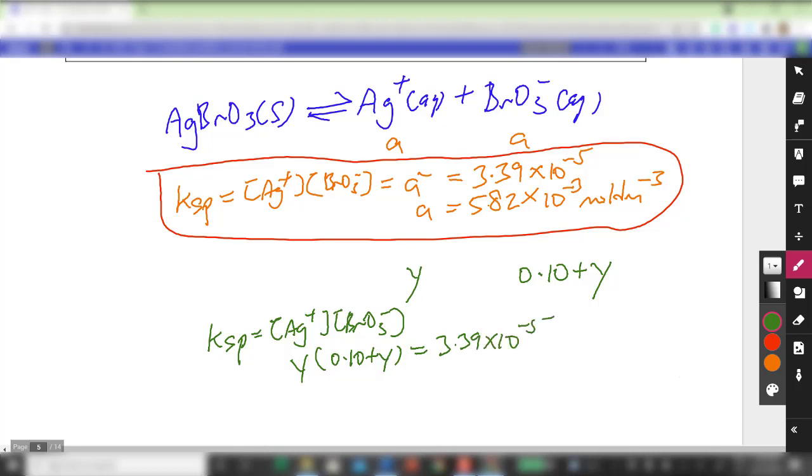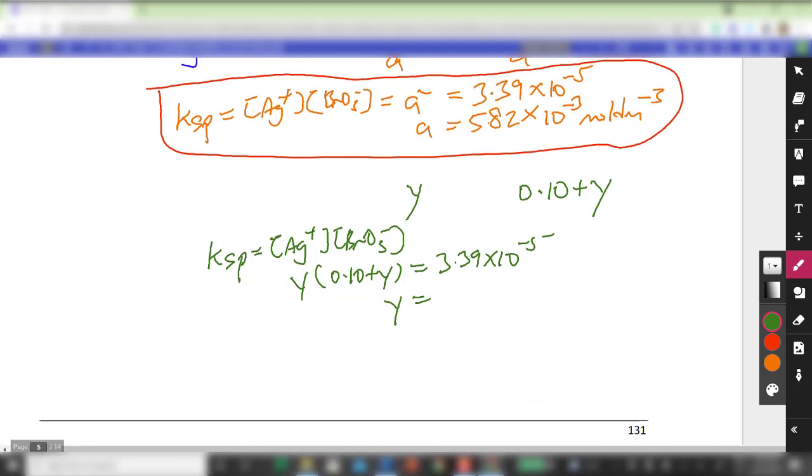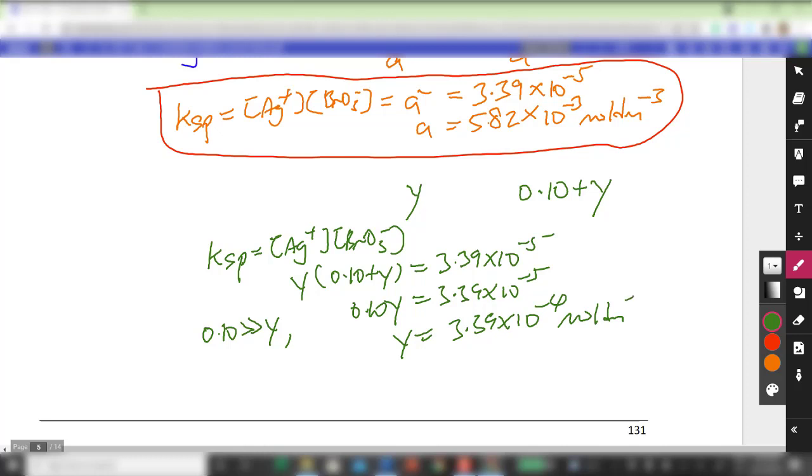From here we can solve for Y. Of course, to solve for Y, we need to do an approximation. We need to assume that Y is a very, very small number. Because 0.10 is way greater than Y, this whole expression becomes 0.10Y equals 3.39 times 10 to the power minus 5. Therefore, Y is equal to 3.39 times 10 to the power minus 4 moles per dm cube.